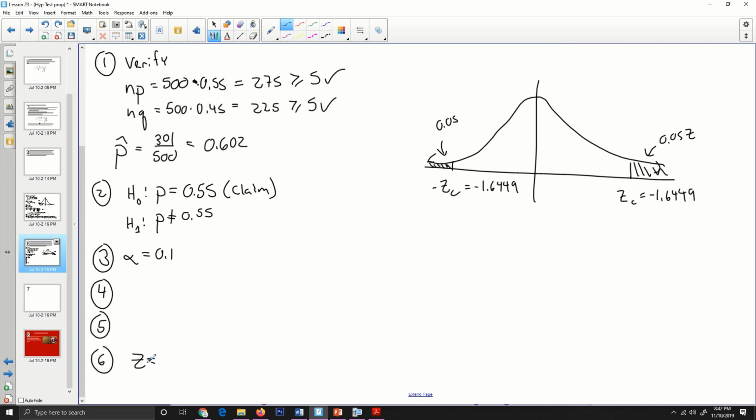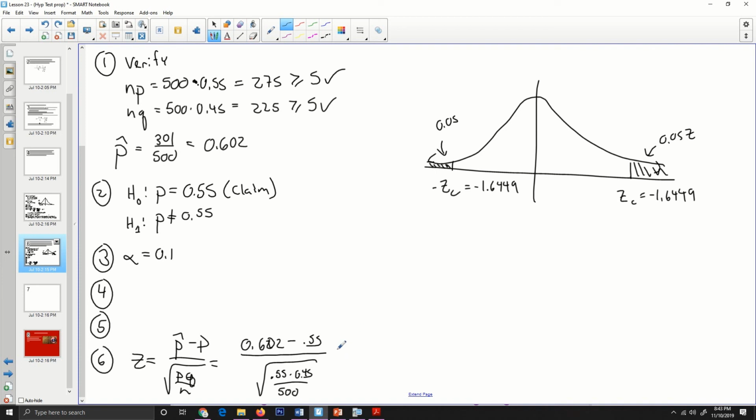We'll say z is equal to p hat minus p over the square root of pq all over n. In this case, we came up with 0.602 minus 0.55 all over the square root of 0.55 times 0.45 all over the sample size, which was 500.